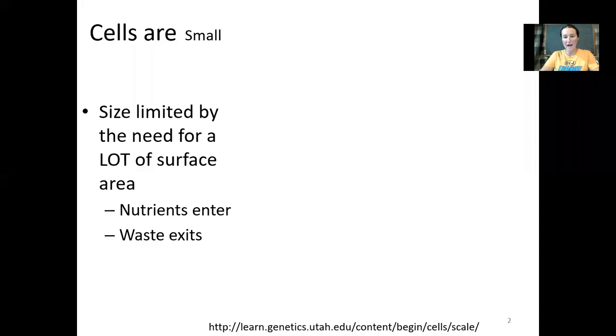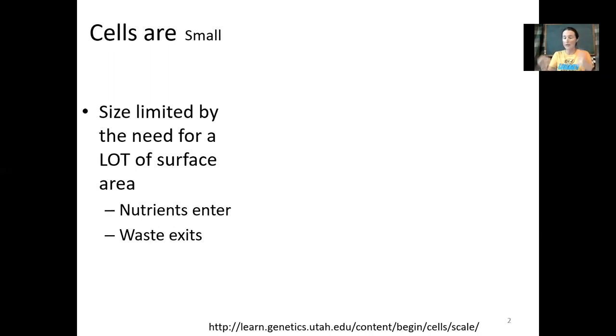Okay, and so why exactly is that the case? Well, cells are small, not purposely to be inconvenient, right? They're not on purpose microscopic. Cells are small because they need to have a large surface area to volume ratio. That is, they need to have a lot of space on the outside of their cell relative to the inside of the cell so that they can take in all of the things they need to survive, right?